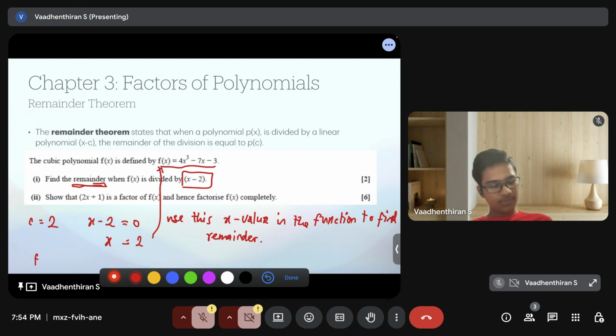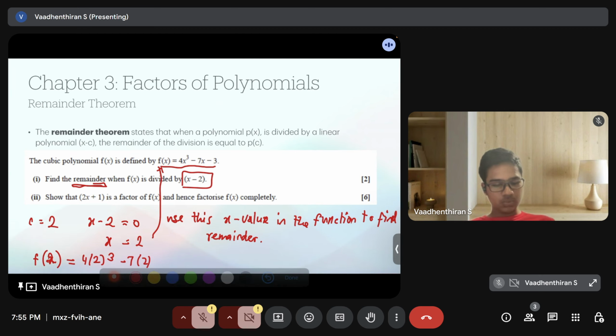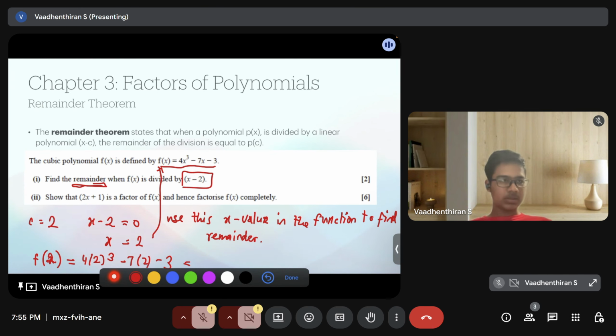You set x to 2, and then you get 4 times 2 cubed minus 7 times 2 minus 3. 4 times 8 is 32, minus 14 is 18, minus 3 is 15. Okay, so the remainder is 15.